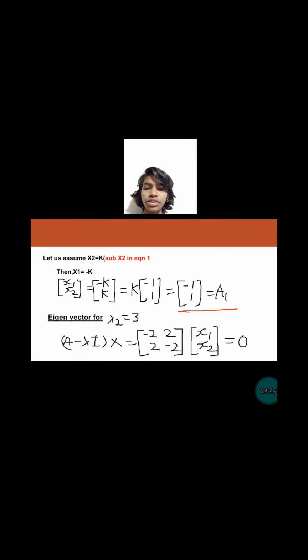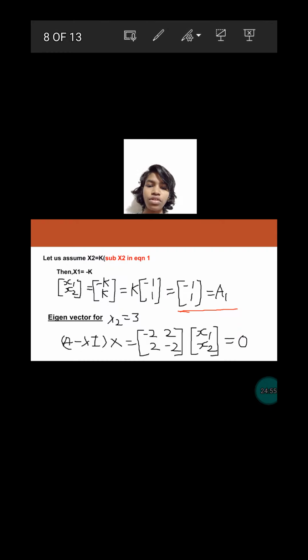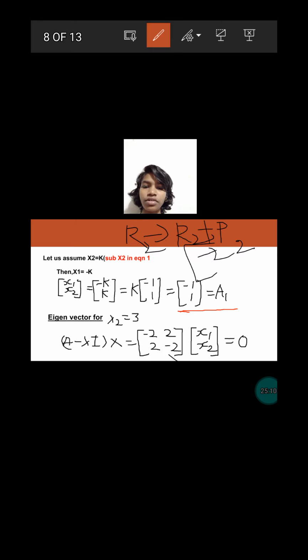Here R2 becomes R2 plus R1. 2 plus -2 equals 0, and -2 plus 2 equals 0. Now it is reduced into echelon form.